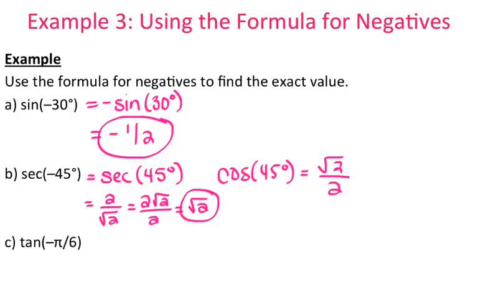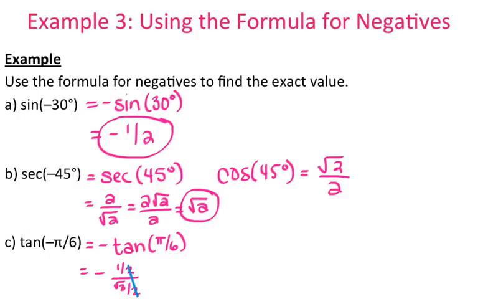And then tangent of a negative angle is equivalent to negative tangent of the positive angle. So tangent at pi over 6 is equivalent to my ring finger, and it's my y-coordinate divided by my x-coordinate, so my y-coordinate is 1/2 divided by my x-coordinate, which is root 3 over 2.